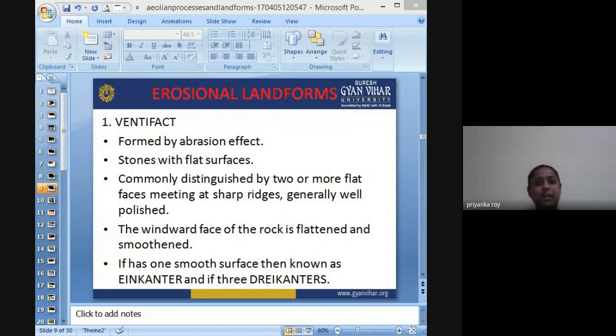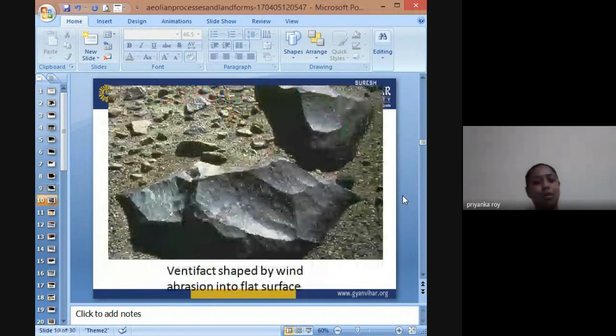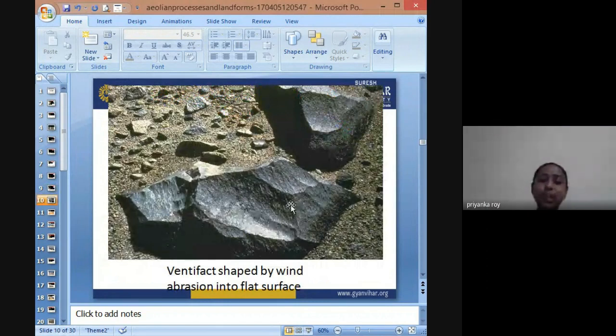This image of a rock is an example of a ventifact. What is happening here in this ventifact is that small particulates are continuously eroding this hard rock material away from the surface, and it is left with a flat surface.